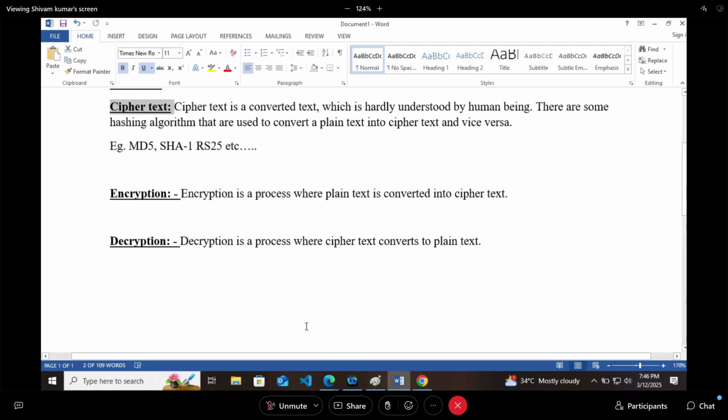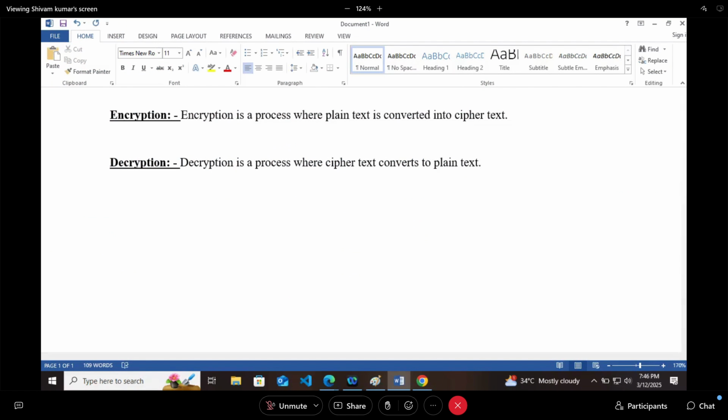Let me first tell you what a public key and a private key are. The name is already telling its meaning: a public key is known to all the users available in the system.